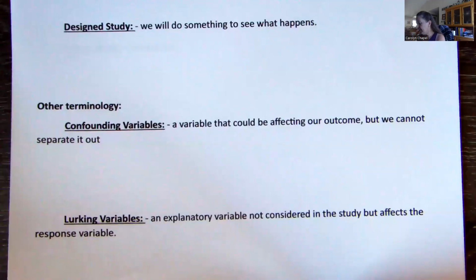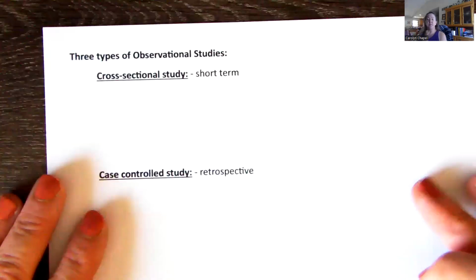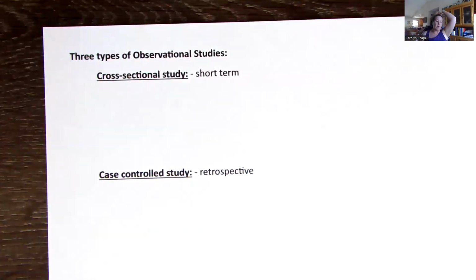Okay, we're going to talk a little bit, one more topic, about our observational studies. We'll look more into those designed studies a little bit later in this chapter. And again, we're not going to spend too much time on actually creating different design studies, because that's something that would depend on what you were gathering, how you would design it, how many subjects you need.